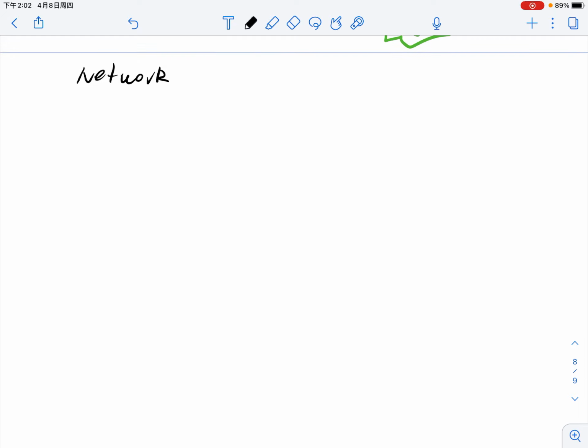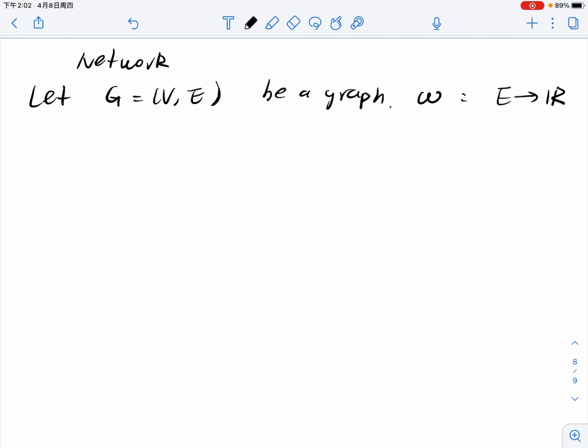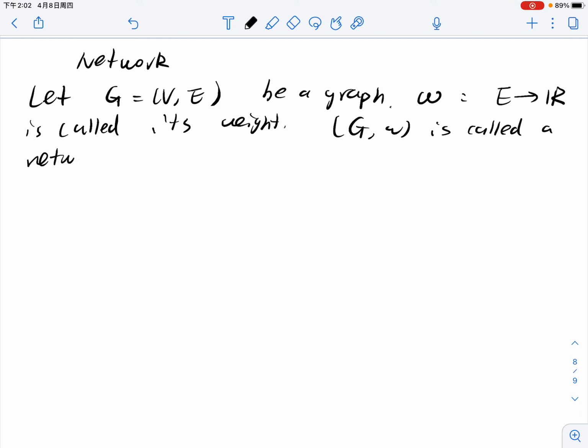Okay, next we introduce a little bit more complicated situation, that is the net graph. Actually, we mentioned this before. So based on a graph, we assign a weight function. Then G with omega is called a network.